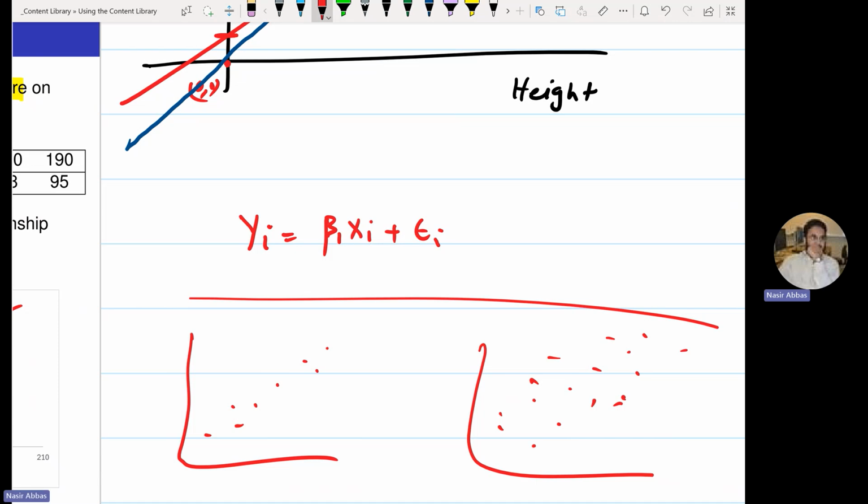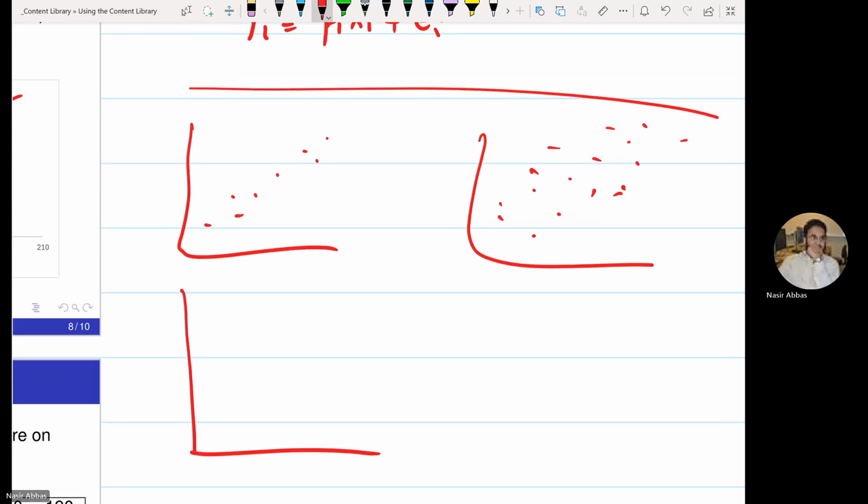What is the difference between these 2 scatter plots? Both of them are linear. One is strong, one is weak. One word is missing. Positive was missing. The top left is strong linear positive.